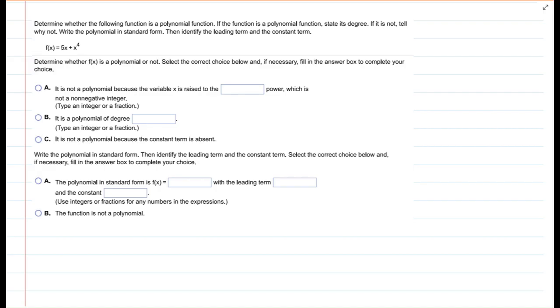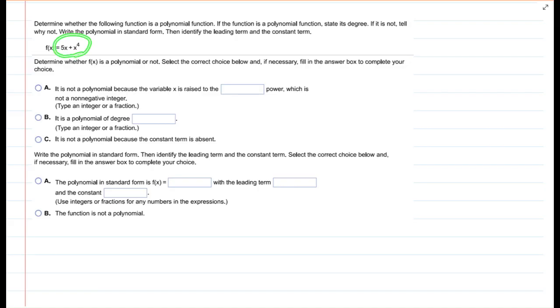If the function has a variable with natural exponent, but the variable is in the denominator, it cannot be a polynomial. For example, look at this. It's 1 over x squared. Although the exponent of x is 2 and is natural, because it's in the denominator, it cannot be a polynomial.